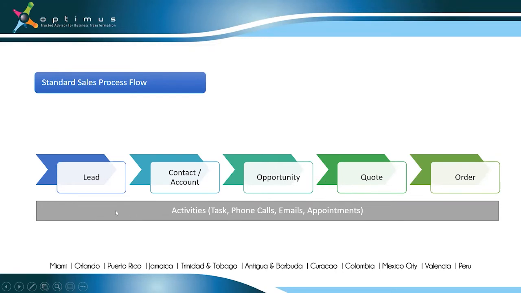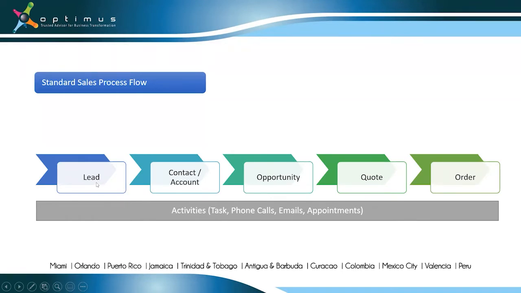And I just put activities below because it's something that is transversal. It is something that you could use in any part of the system. For example, if you are in the leads and you want to create a task, a phone call, or an email, you could do it. But in the same way, you could do it in all of these other parts. It's something that supports the operation.